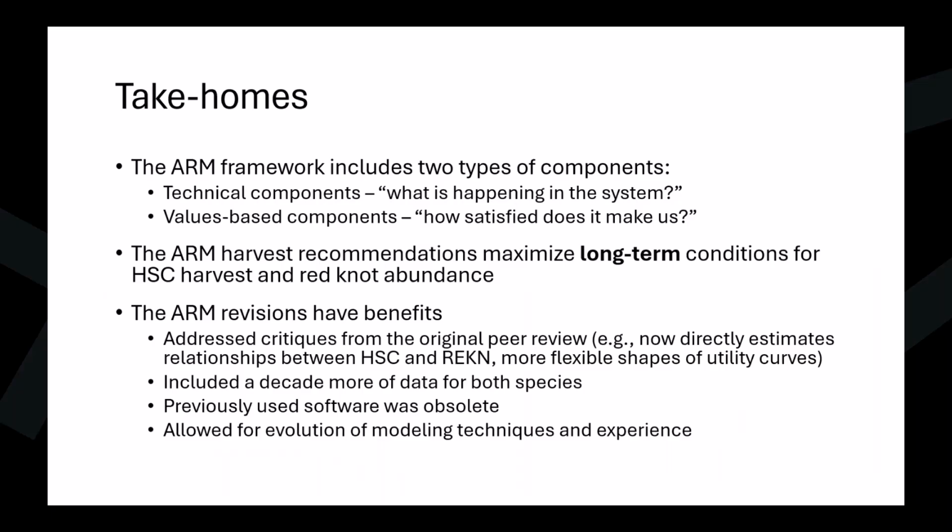An important detail was that the software used for the original ARM was obsolete by the time we got to 2021, and so we had to choose a different approach to the optimization itself. And there was some evolution of modeling techniques over those 10 years or so, along with the experience of all those involved. And so that all was reflected in the revised ARM.